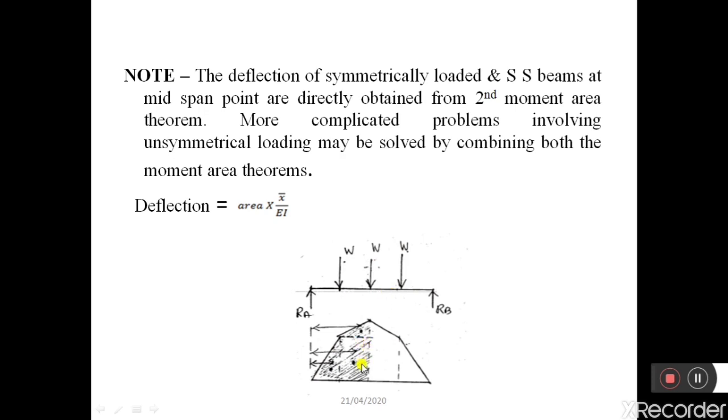If I want to calculate the deflection, then the deflection is equal to the moment of 50% of the area of the BMD. This is the midspan, so considering 50%, this shaded area is 50% of the BMD. Taking the moment of this shaded area about the support, that is, the moment of 50% of the area, we get the deflection of this beam subjected to 3-point loads.